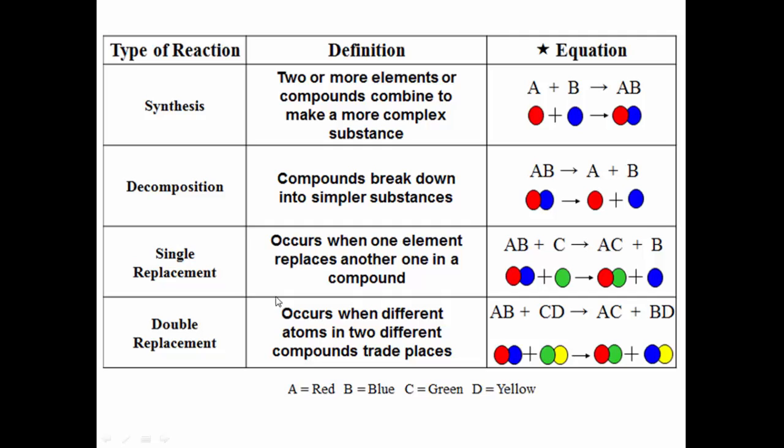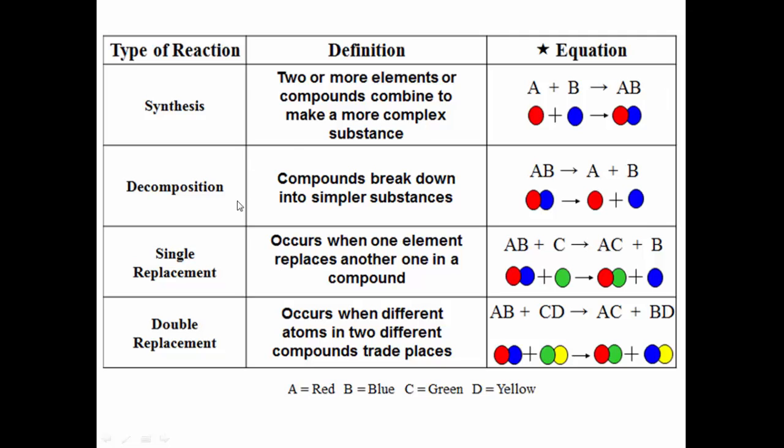Alright, so this is just going to show you a couple other reaction types. Synthesis is almost similar to our combustion, but combustion is a little more specific. So you see we have element A plus element B equals the combination AB.